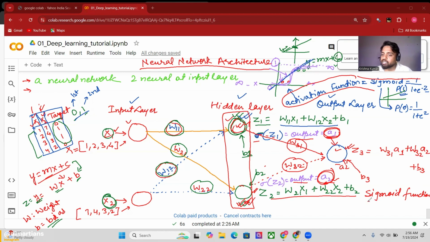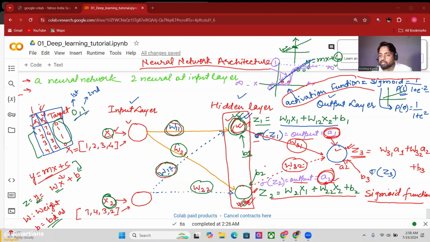So the sigmoid function is simply applied on this z3 again. If I apply the sigmoid function on this, I have to pass it inside sigmoid, and it will give me the output.